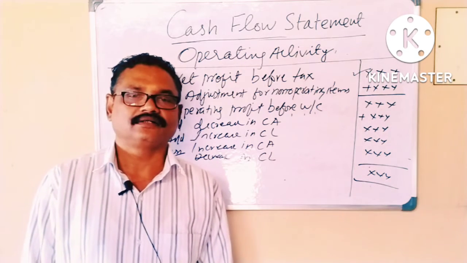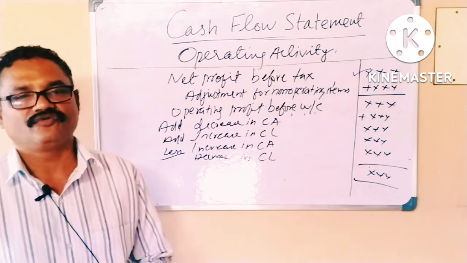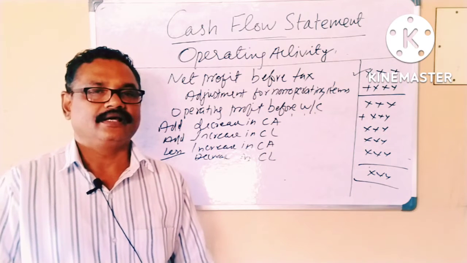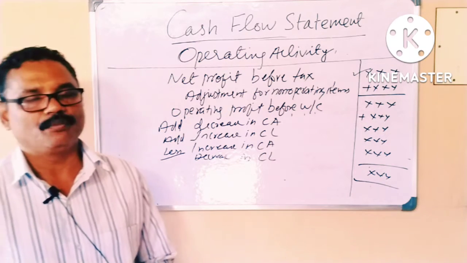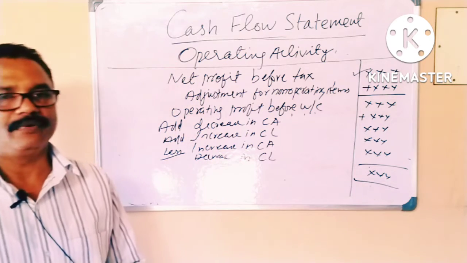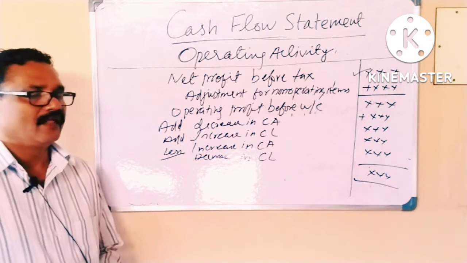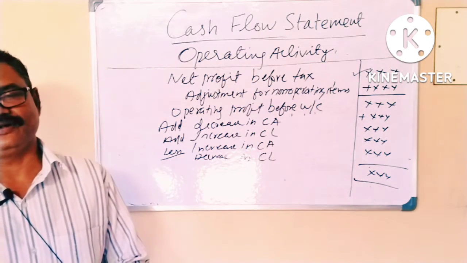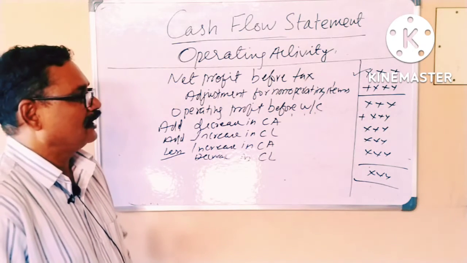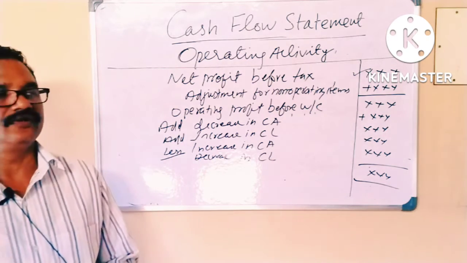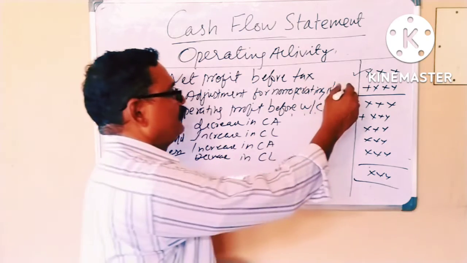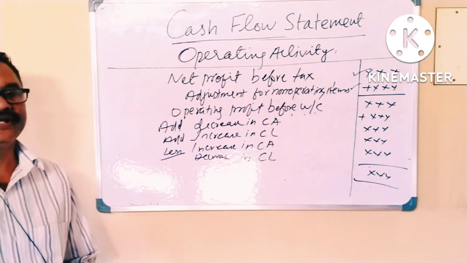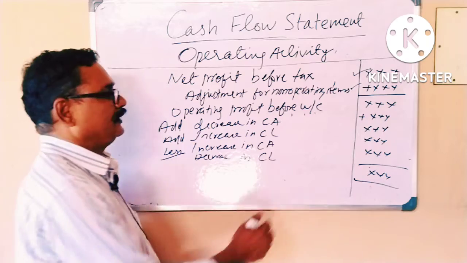Non-cash items may be loss on sale of fixed asset, discount, or any kind of non-cash loss like depreciation. Sometimes income tax also has to be adjusted in operating activity. After adding non-cash items along with net profit before tax, we will get operating profit before working capital changes.